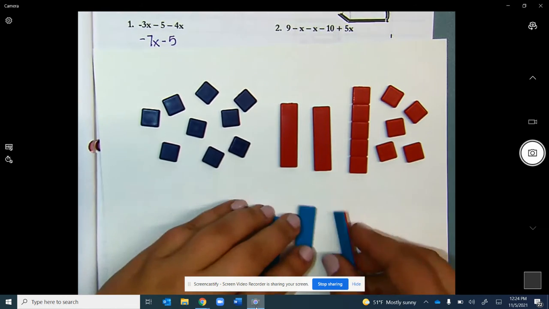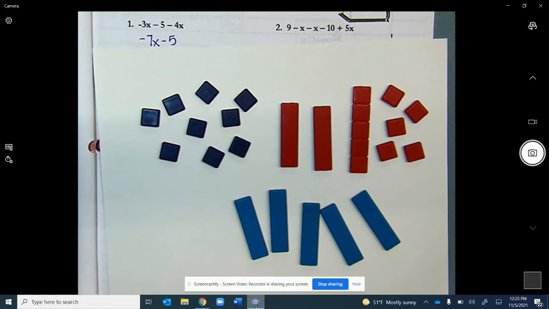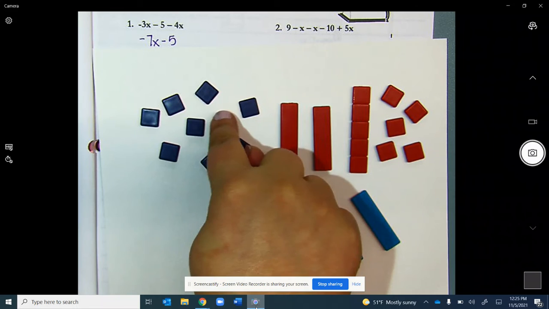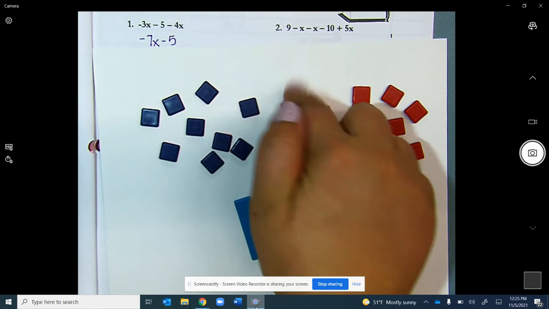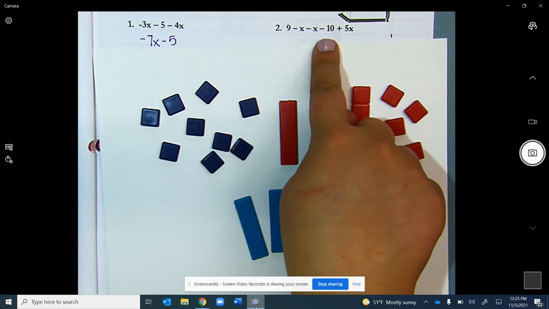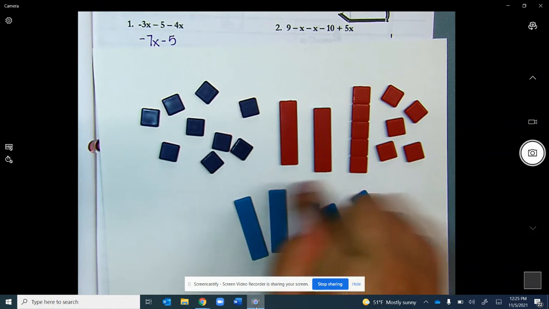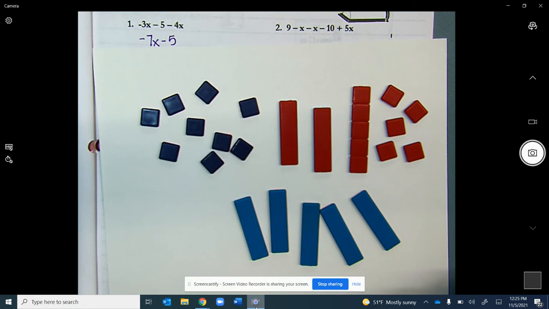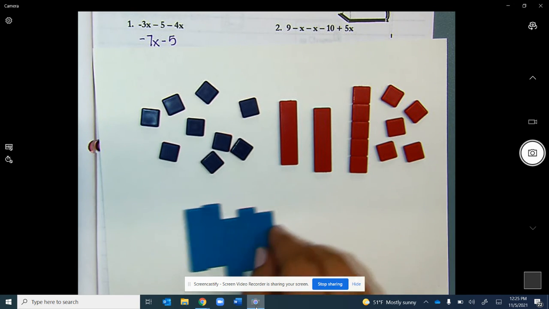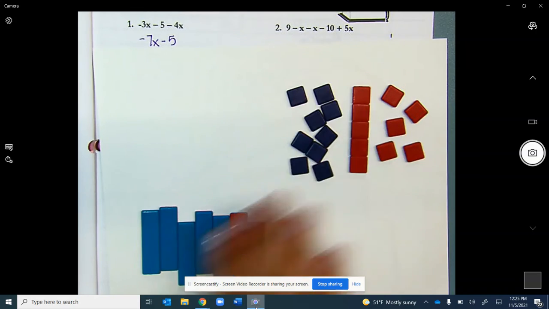I ran out of room, so I'm just going to put them down here. Okay, so I have 9 minus x again, minus 10 plus 5x. All right, so my first step is to combine these terms together. Okay, so I have these x's here, and I have all of those ones.